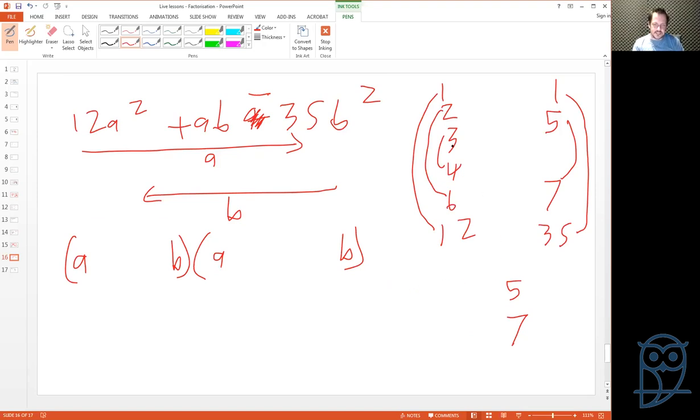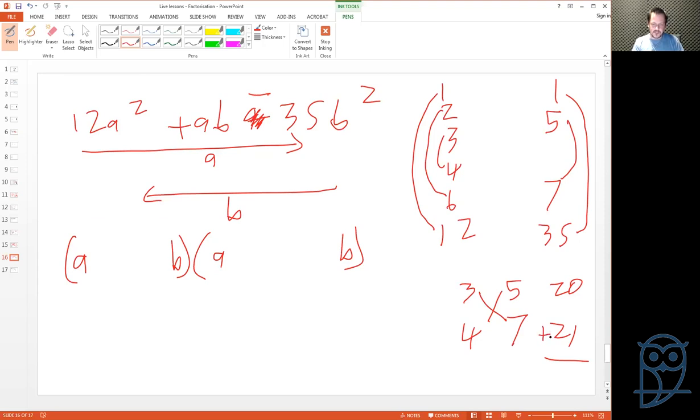So I have a look and I say, well, maybe 3 and 4. And I multiply. 3 by 7 is 21. 4 by 5 is 20. Yeah, the intuition is working today. Pow! Coefficient of 1.